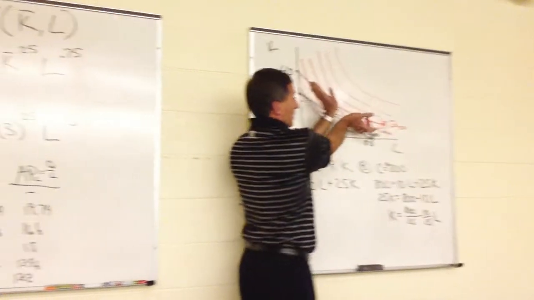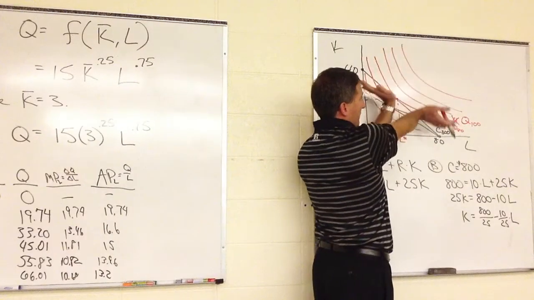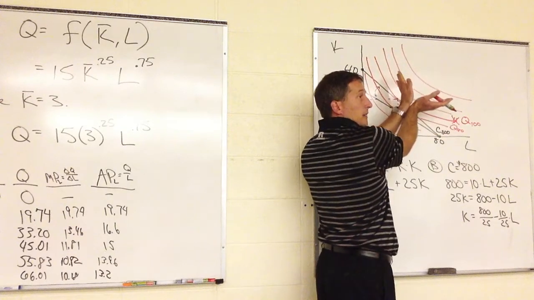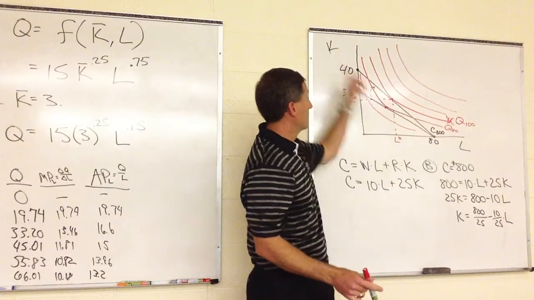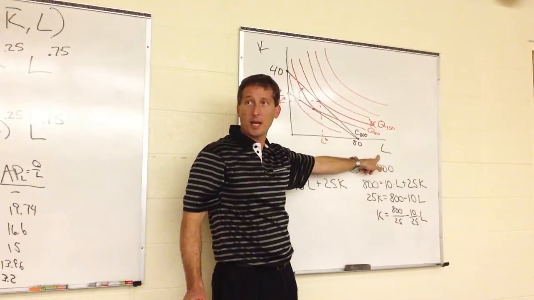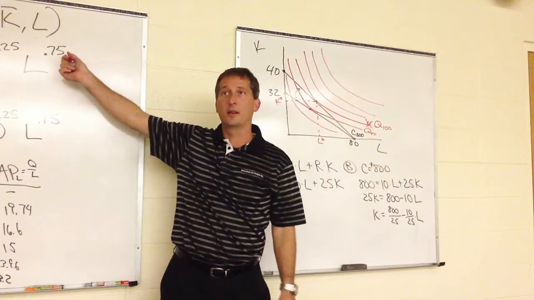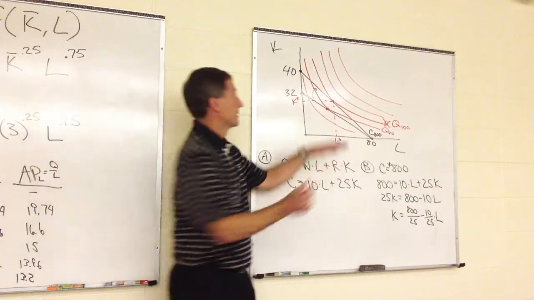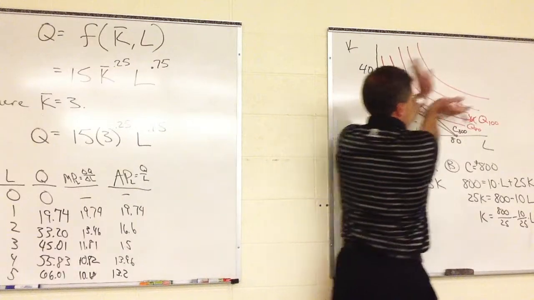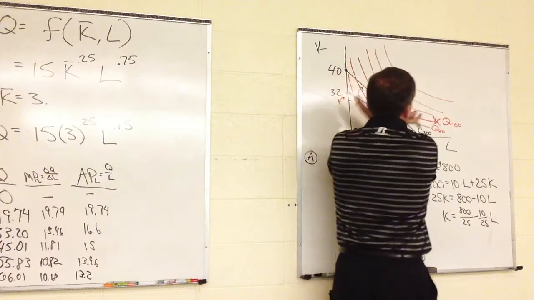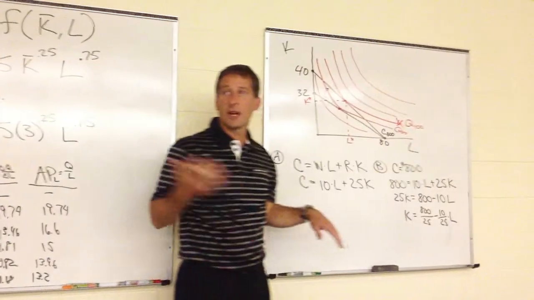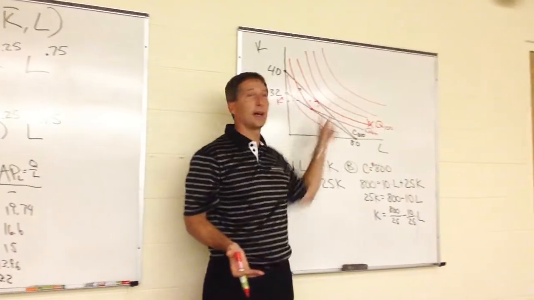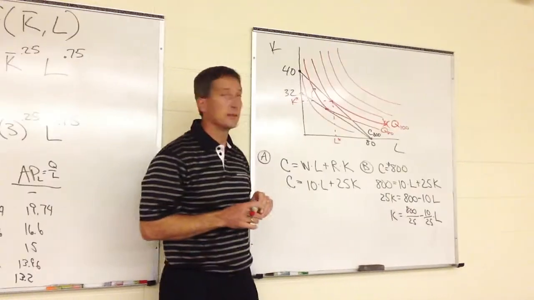The shape of the contour, whether it's kind of flat or whether it's real angular, depends on for one thing, the substitutability of labor and capital in your production process. So the functional form of your production process determines how flat or steep or what direction these things head, if they kind of head this way. Similar to how for the consumer, we had preferences that did that.